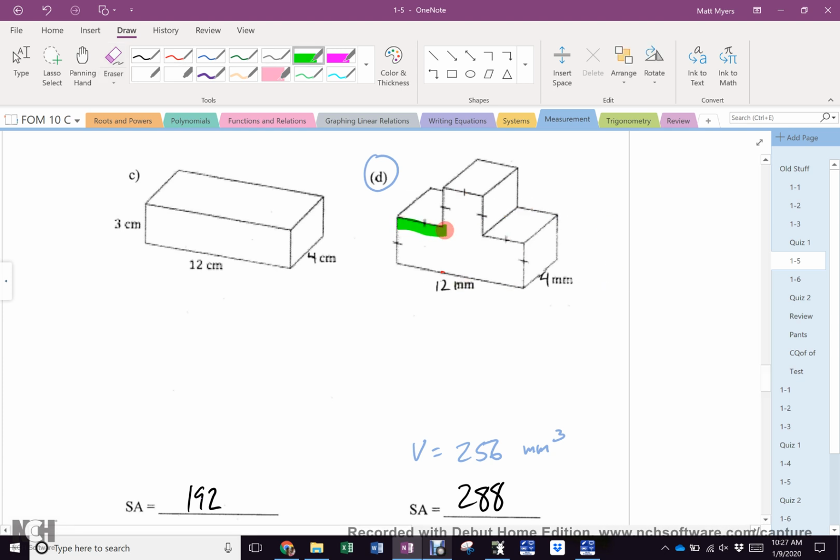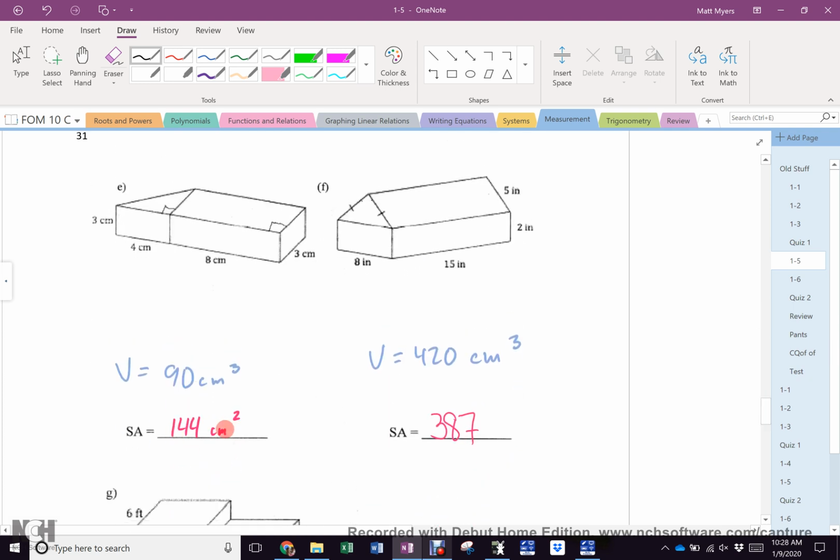The base is this shape, yes? Because that shape repeats, doesn't it? So if you found that area, which is 12 by 4, 48, plus that area, which is 4 by 4, 16, 48 and 16 is 64 times 4, because that's the height. Everybody cool? All right.